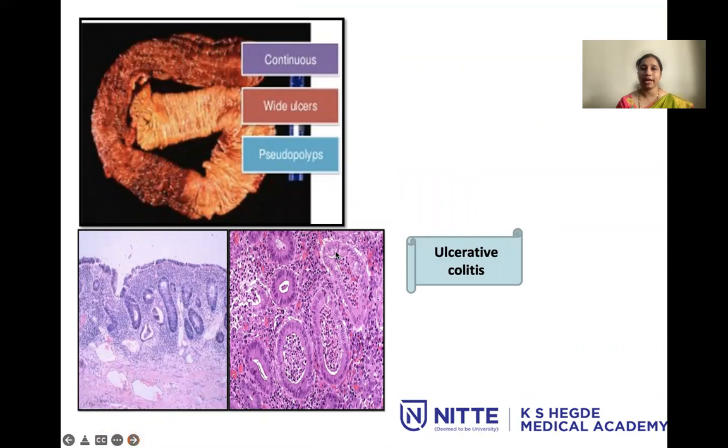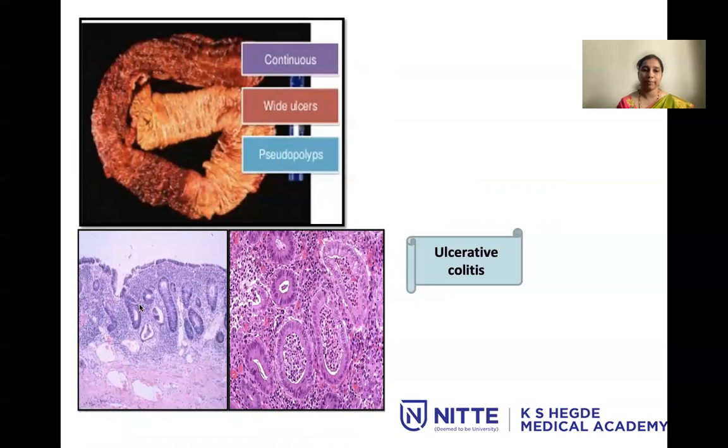And next differential diagnosis is inflammatory bowel disease consisting of ulcerative colitis and Crohn's disease. So in ulcerative colitis, the distribution is continuous. There is continuous affected area in the colon, and the ulcers will be wide, having broad base, and you can also see pseudopolyps. On microscopy, you can see superficial ulcer.